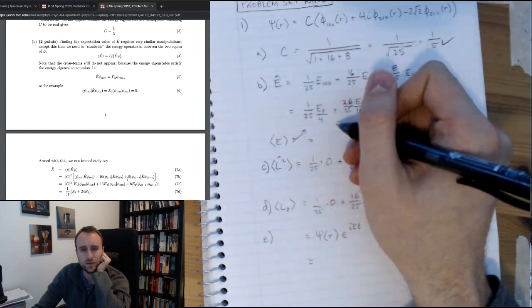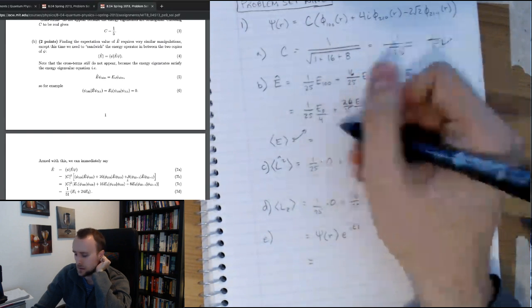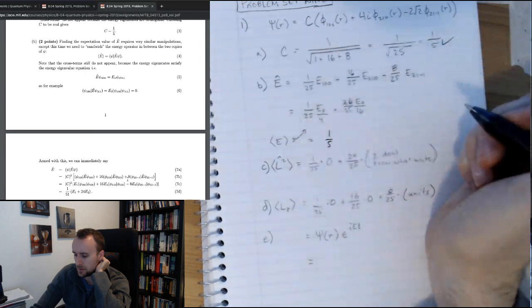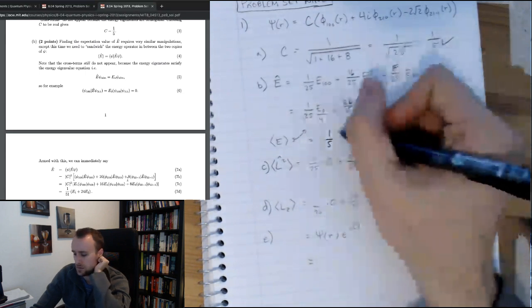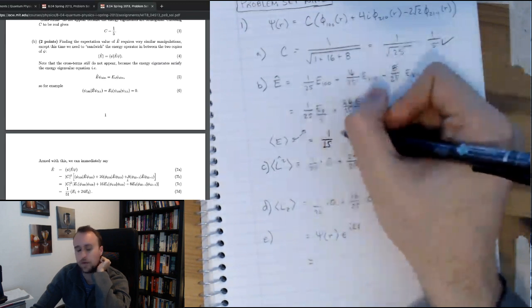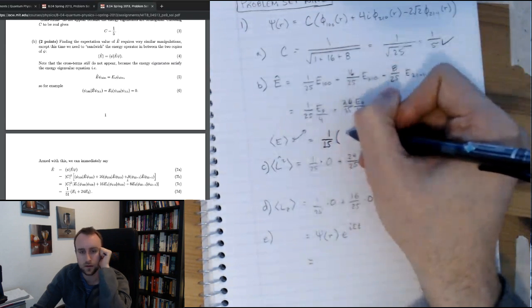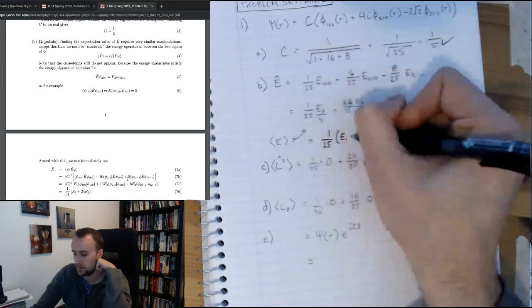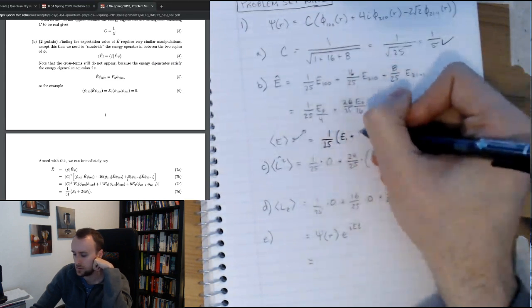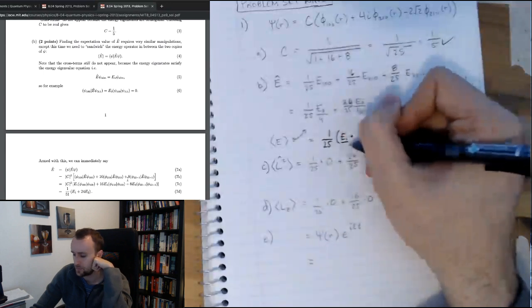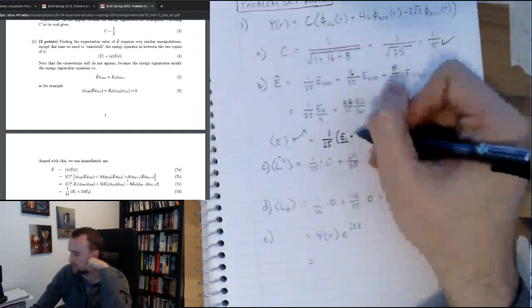So this is... why is it divided by 51? So we have 1/5, 1 to the 25, and then we have this E1 plus... what was that?